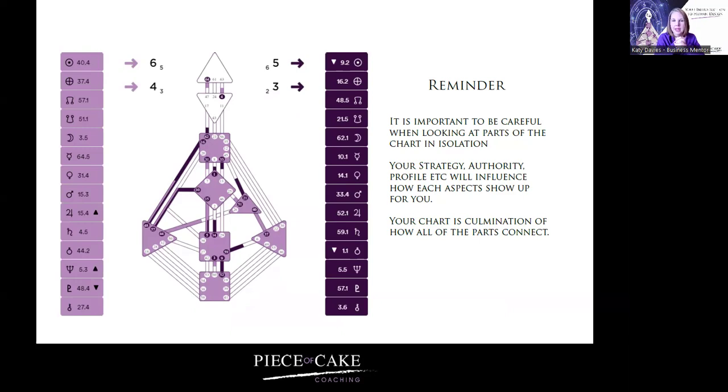But the reality is your chart is the sum of all the parts. And so the danger can be when you very first start looking into your human design is you'll look at one part, but then actually how it combines with another part of your chart gets you a slightly different answer.